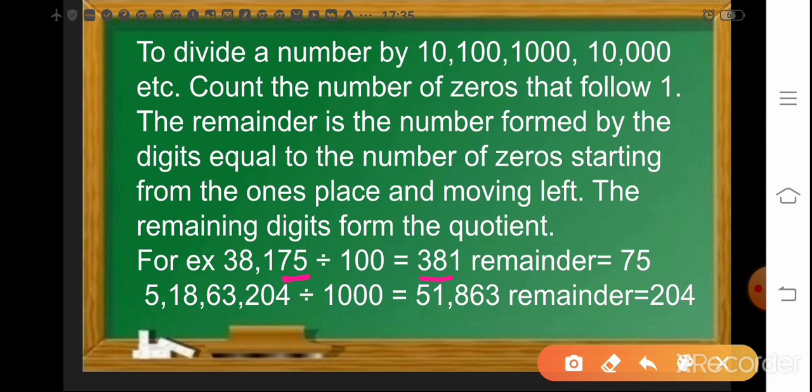Now in the second example, 5 crore 18 lakh 63,204 divided by 1000. In 1000 there are three zeros. So the last three numbers will be your remainder, whereas the other digits will be your quotient. Okay, so this is how you have to solve it.